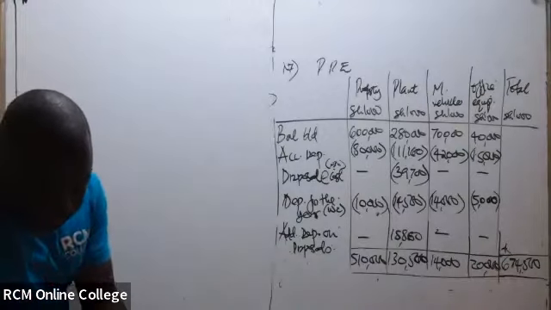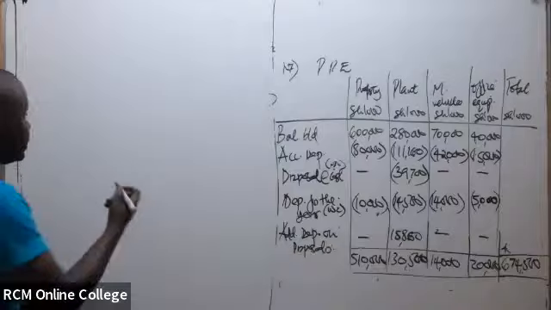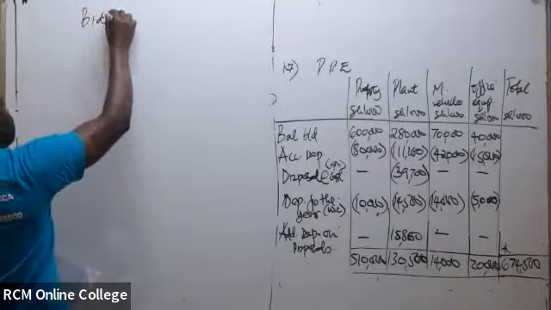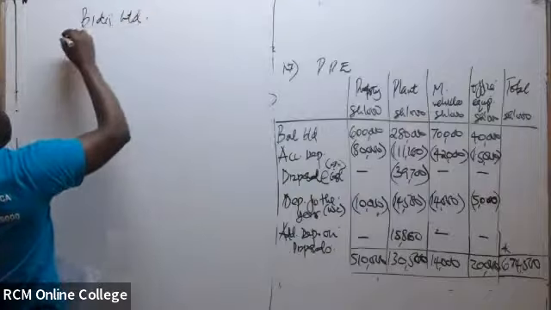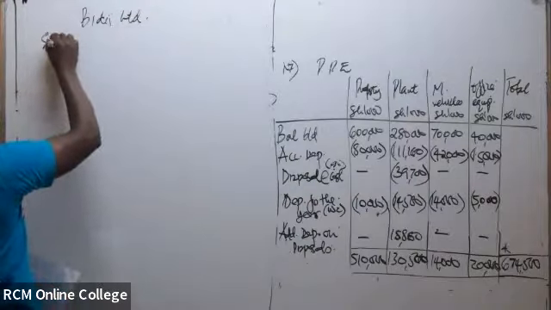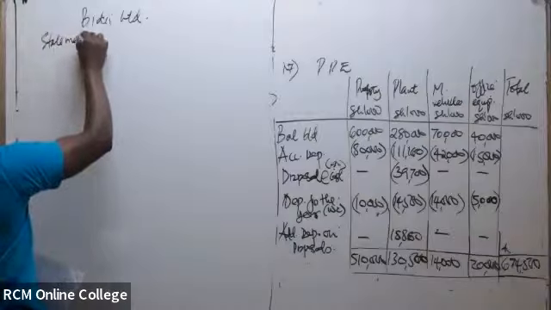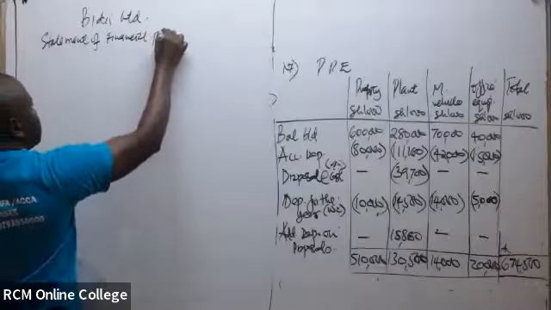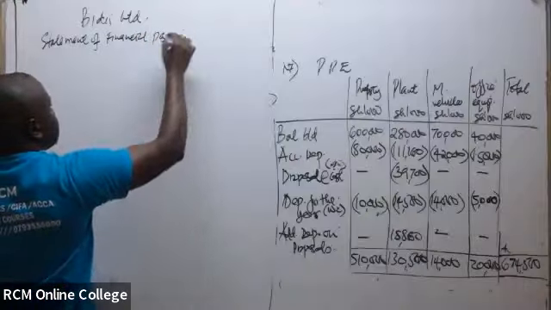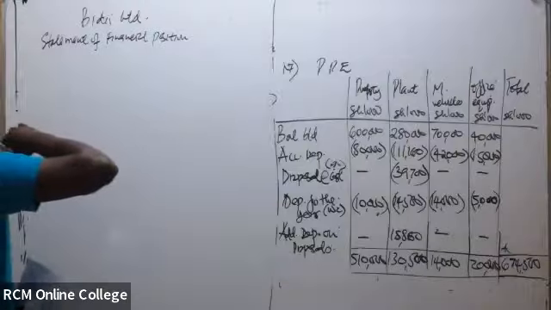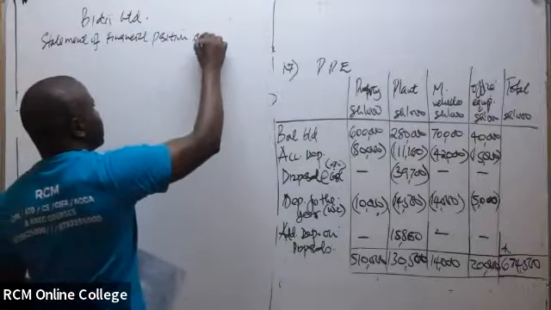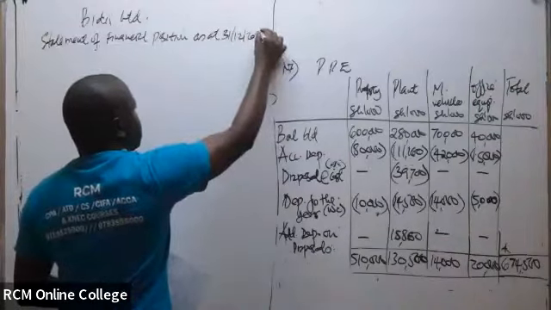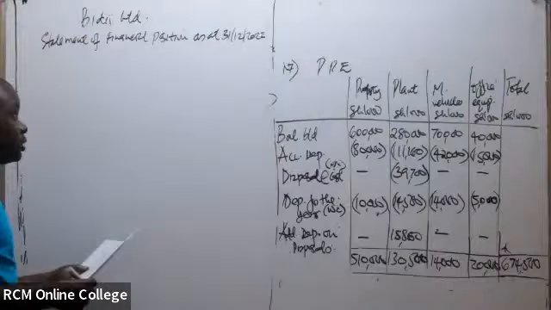We can look at the statement of financial position. So BD Limited statement of financial position as at 31st of December 2022.